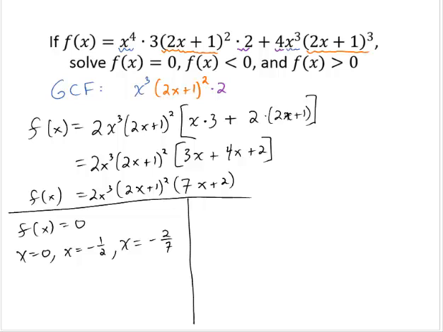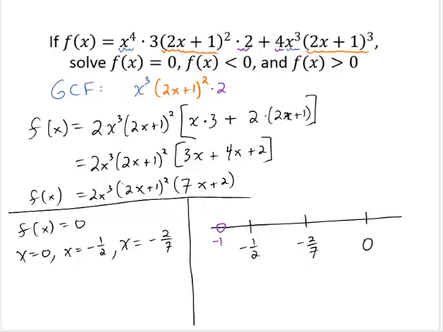Now to solve the inequalities, my number line has negative 1/2, negative 2/7, 0. And then we could do some testing if we wanted to. Let me test negative 1.